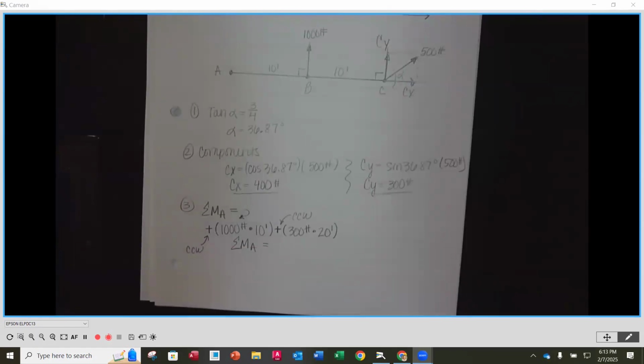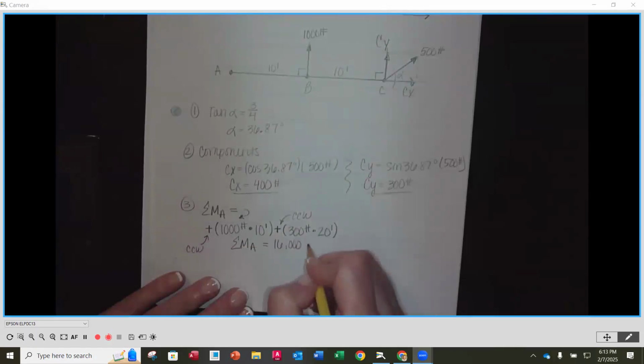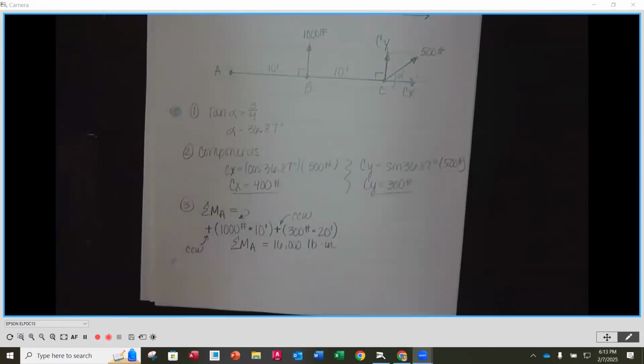What do you get? Everybody should be working on it. 16,000 pound inches, Tim has. Awesome. Yes, that's what I get too. So 16,000, and you have the units exactly right. Pounds times inches. Oh, wait, feet.